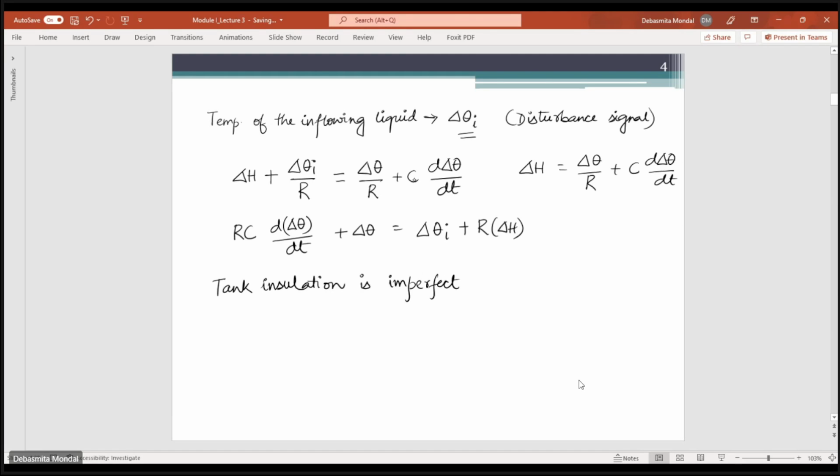So if the tank insulation is not perfect, then as the liquid temperature rises by an amount delta theta, there will be some heat flow through the tank walls to the external ambient environment.